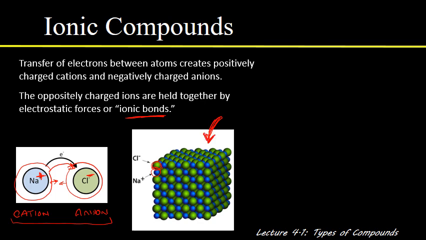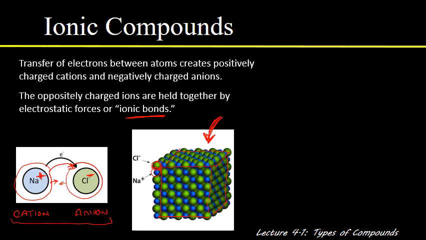You just have this large three-dimensional array of positive and negative ions. You wouldn't say that's one molecule and that's another molecule. It's really just a large collection of positive and negative ions all attracted together by that electrostatic force.